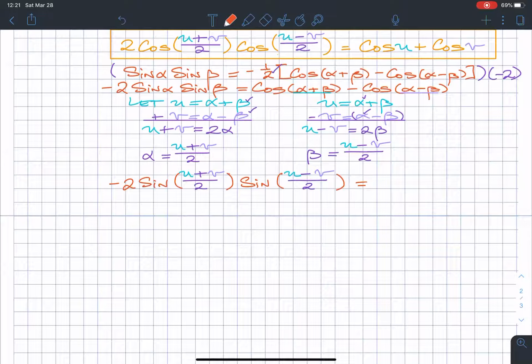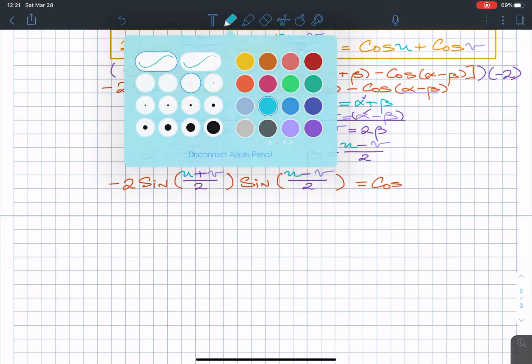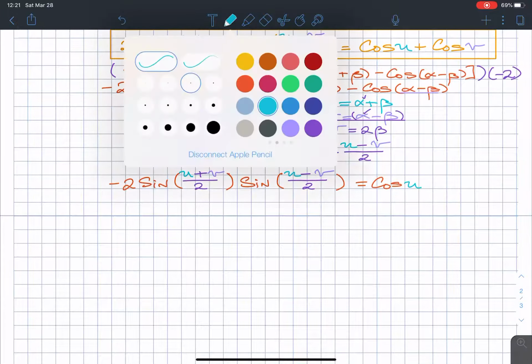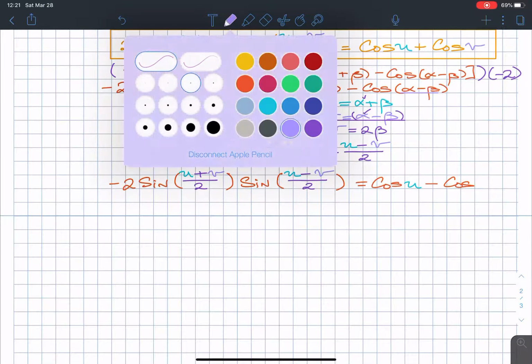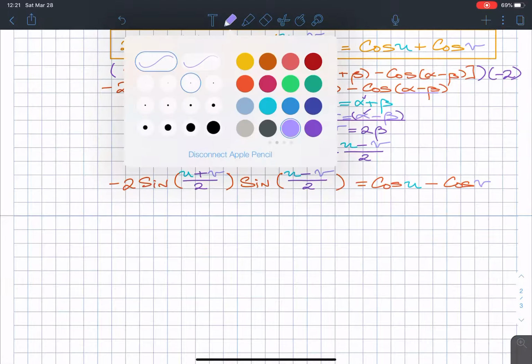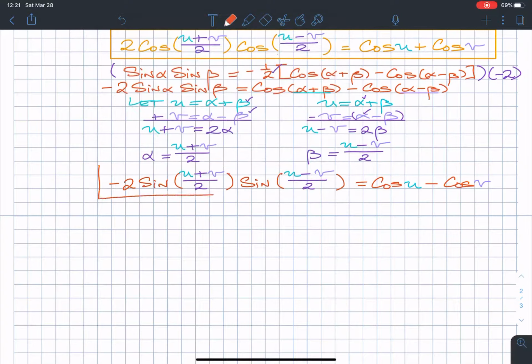And that's going to be equal to cosine of alpha plus beta, which we know is u, minus cosine of alpha minus beta, which is v. So let's put a box around that. Now it's true, I could derive all 4 of these, but I think you get the idea, so I'm just going to list them.